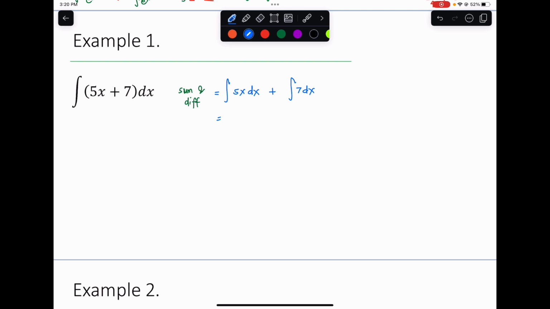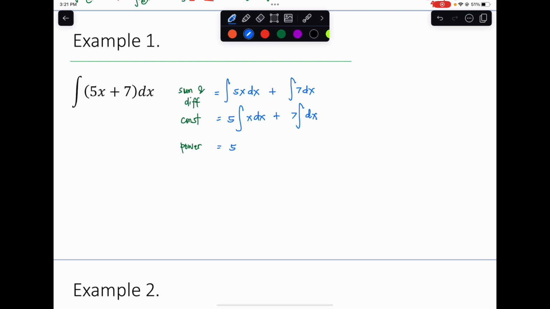Afterwards, I can already use the constant rule, so I can move out the constants. I move the constant 5 out, giving 5 times the integral of x dx, plus, moving out the constant 7, 7 times the integral of dx. Once we are done, we can integrate using the power rule.